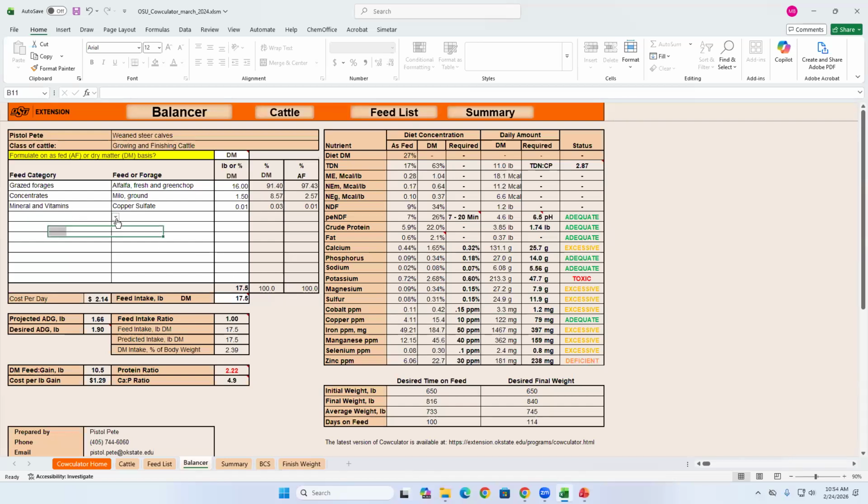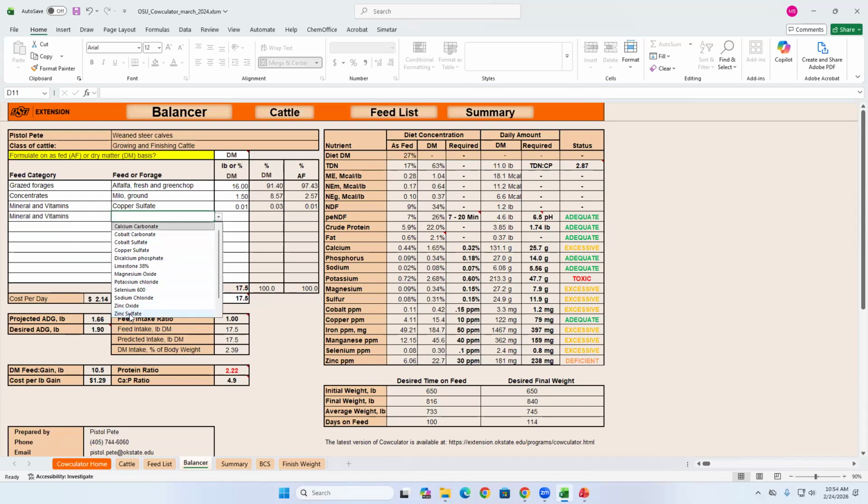Still deficient in zinc. So we have zinc oxide or zinc sulfate. I don't know, you can probably get away with using both. Zinc sulfate, so sulfated minerals have a better bioavailability than oxides. So I always just kind of use sulfates.